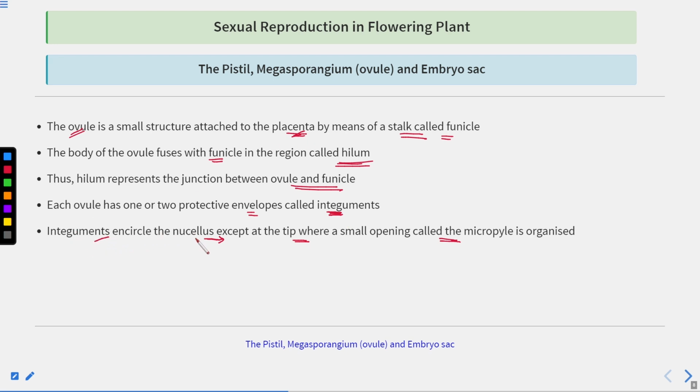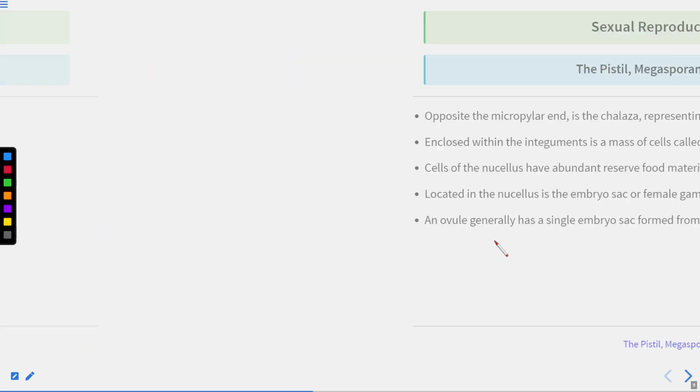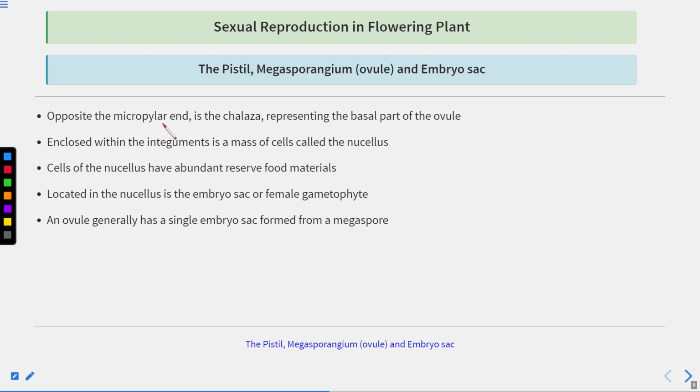The tip where the integuments are absent is known as the micropyle. Opposite the micropylar end is the chalazal end. The micropylar end represents the tip of the ovule and the chalazal end represents the basal part of the ovule.